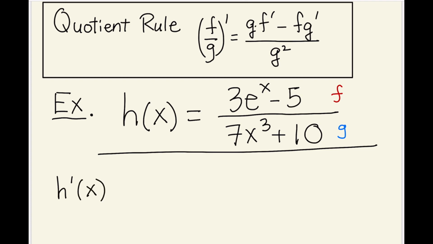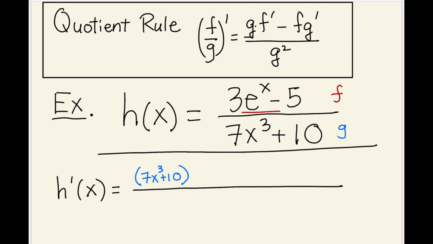Remember, I first write my bottom function, which is 7x cubed plus 10, multiplied by the derivative of the top function, which is 3e to the x minus 5.